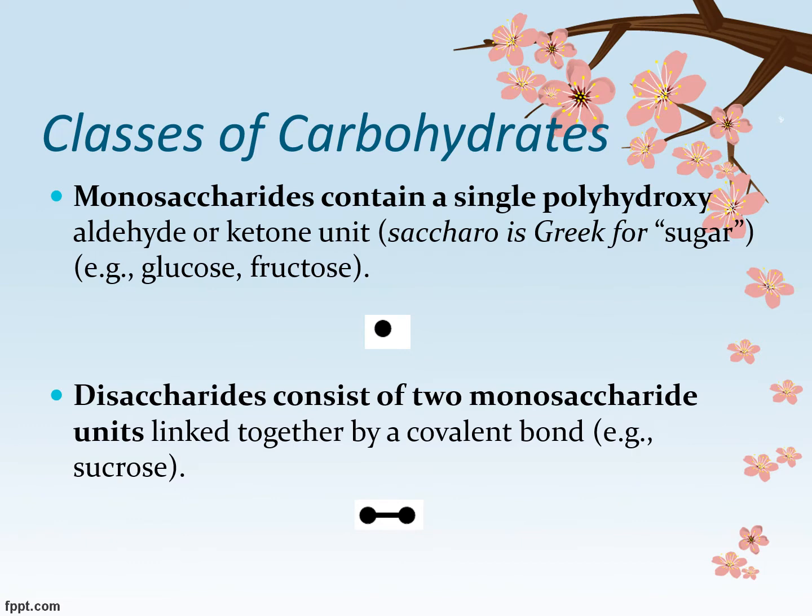Now the second class of carbohydrates is disaccharide. So disaccharide consists of 2 monosaccharides that are linked together by a covalent bond. Okay, an example of disaccharide is sucrose.